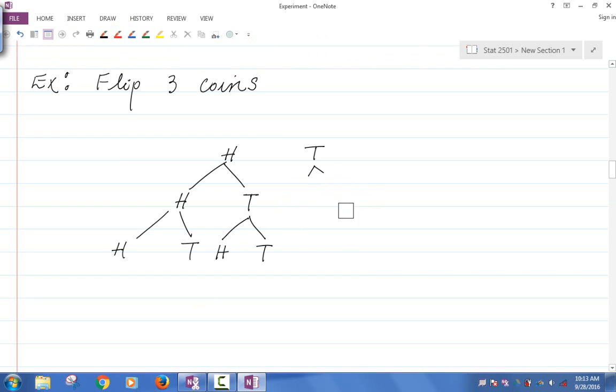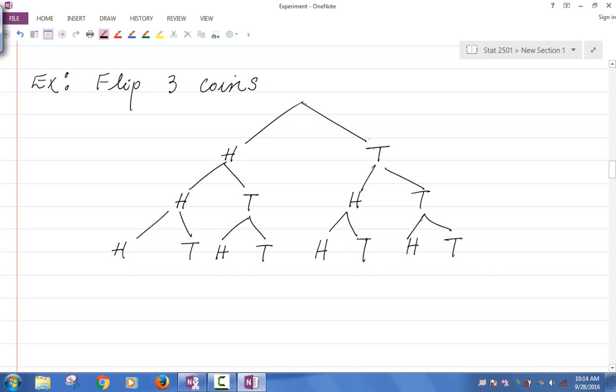Let me make a little bit more room here. Okay, so if I get a head, then I can again get a head or a tail. If I get a tail, I can get a head or a tail, right? And so this is like a tree diagram of all possible results that I can get.